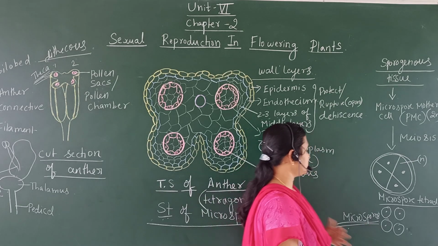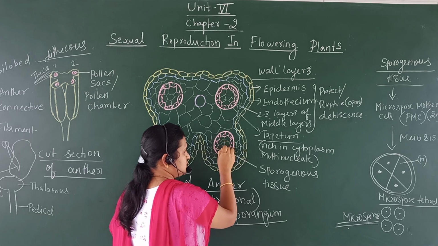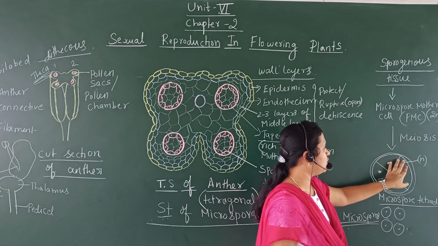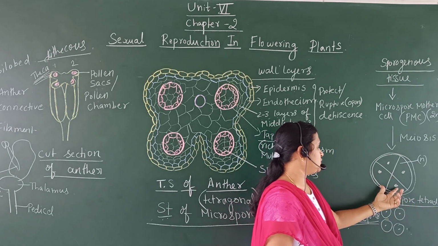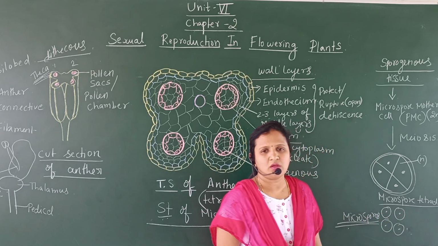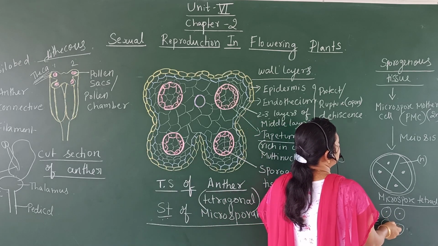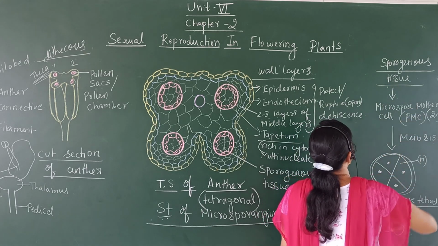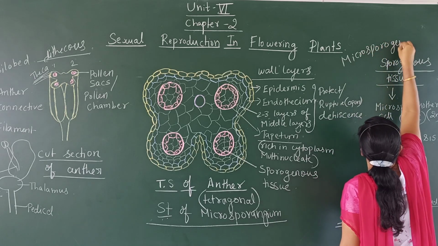This entire process: the sporogenous tissue inside the microsporangium differentiates into microspore mother cells, which undergo meiosis to form the microspore tetrad, and these microspores, by losing water, get separated, which is called a microspore. This process of development of microspores from the sporogenous tissue by meiosis is called microsporogenesis.